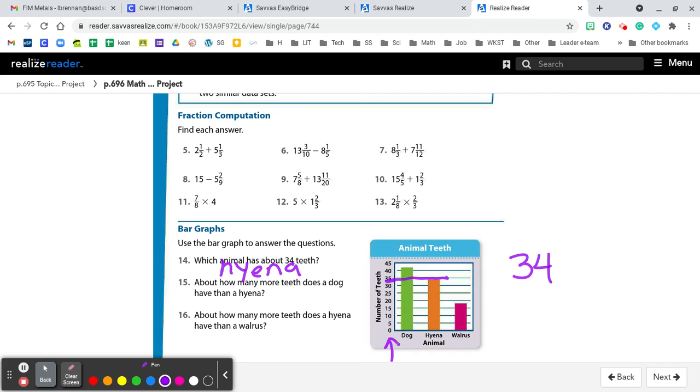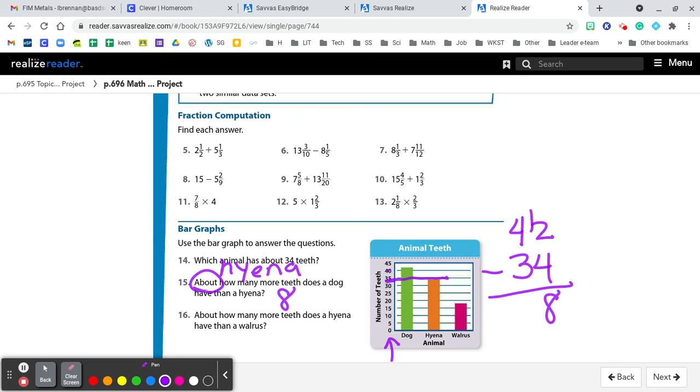So a dog is between 40 and 45, so we might say it's 40, 42 maybe? We're going to subtract and get 8. You might have 9 or 6, something near that. About how many, and remember it says about, so we need to get close to it.